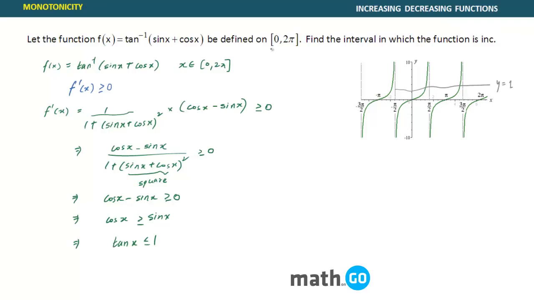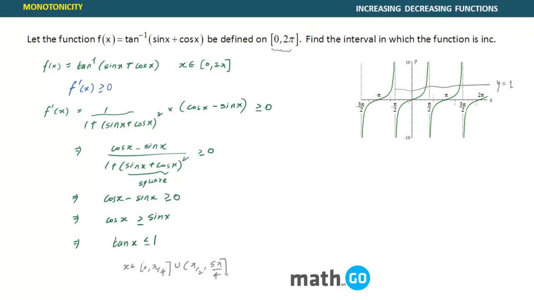You have to check from 0 to 2 pi, and from 0 to this point of intersection, which will be pi by 4. So your answer should be something similar to 0 to pi by 4, union, then you will say, sir, again from pi by 2 to this point, which will be 5 pi by 4, the next point. So pi by 2 to 5 pi by 4.